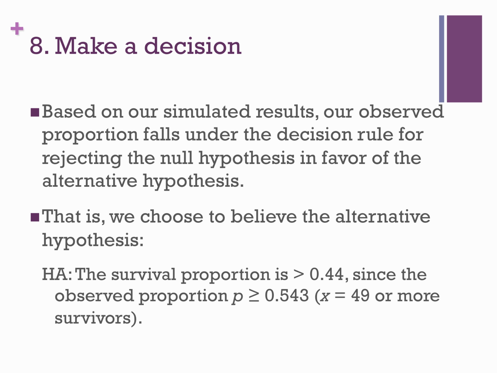Based on our simulated results, our observed proportion falls under the decision rule for rejecting the null hypothesis in favor of the alternative hypothesis. We are now abandoning our belief that the proportion is 0.44 and choosing to believe the alternative hypothesis, that the survival proportion when using ECMO is greater than 0.44 of our understanding of ARDS survival in general.